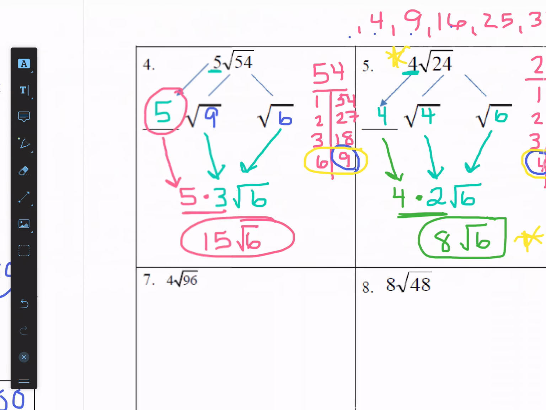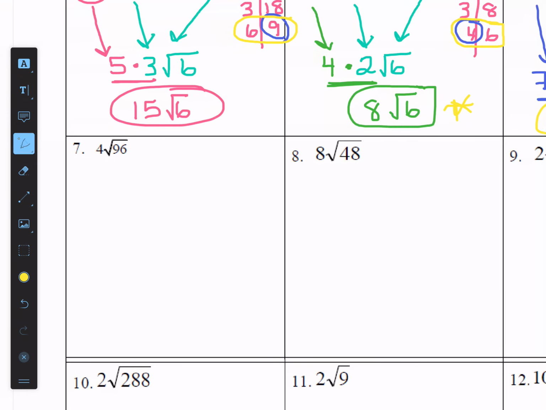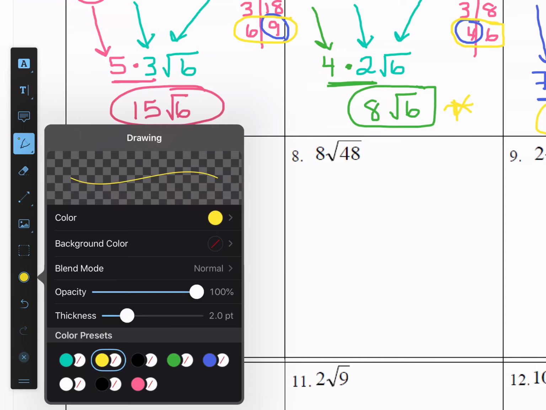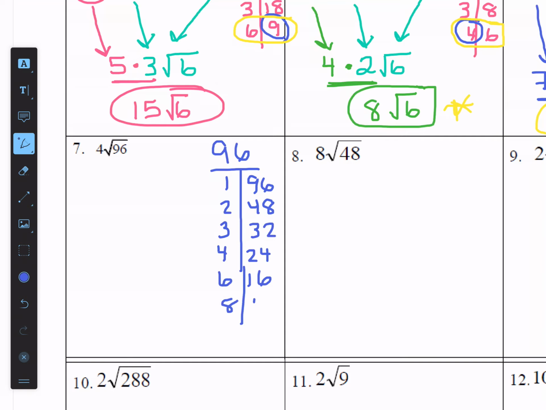Let's keep going. Number 7. So 4 radical 96. Okay, so let's make our list. So 96. So we've got 1 and 96, 2 and 48, 3 and 32, 4 and 24, 6 and 16, and then 8 and 12.